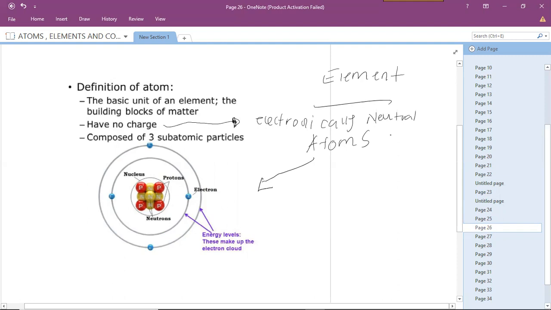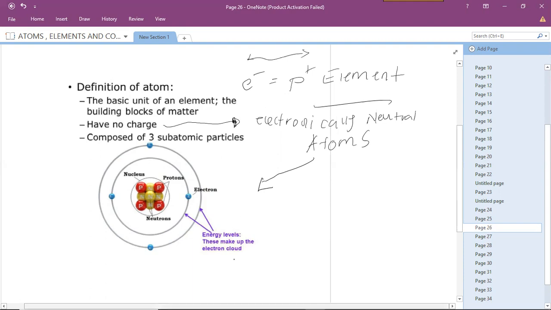Atoms are very unstable. No wonder elements form bonds with other elements to form compounds so that they gain stability. When they say atoms have no charge, it means the number of electrons should be equal to the number of protons that are positively charged. This charge balance makes an atom electrically neutral.